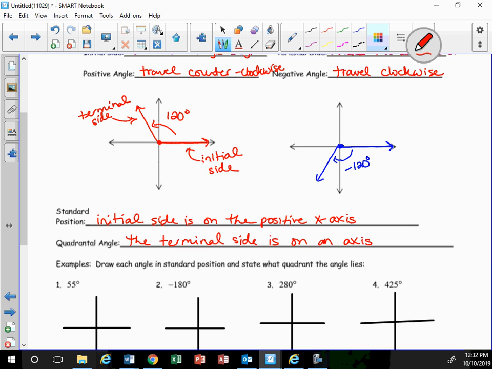So if the terminal side ends up on the x or y axis somewhere, that's a quadrantal angle. Creates a quadrant, yes. That makes sense. It's good.